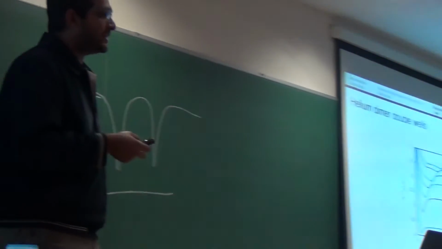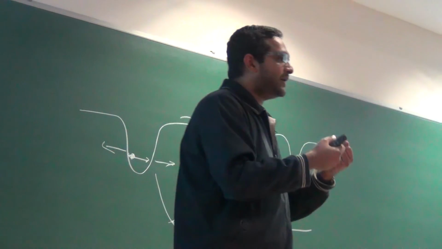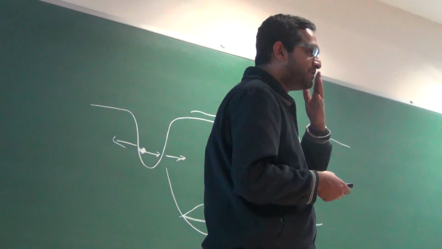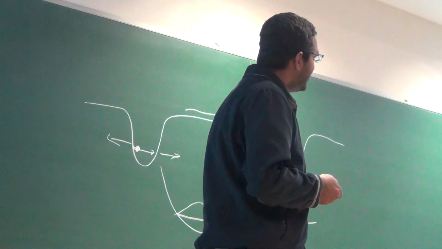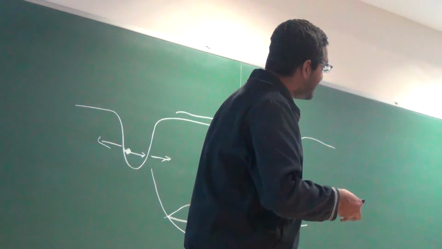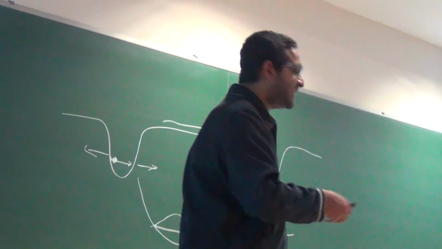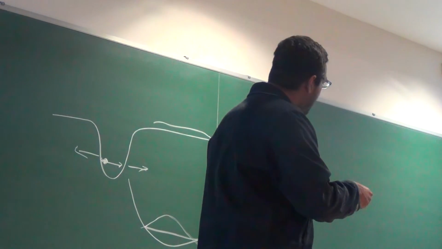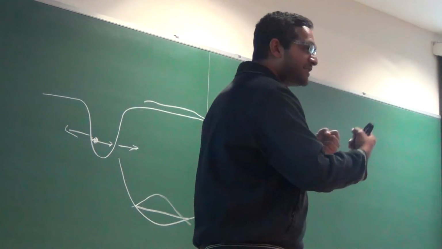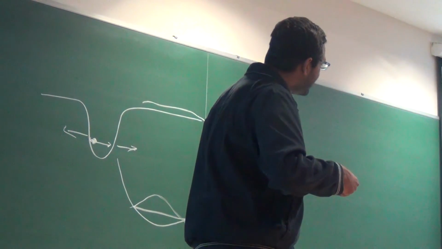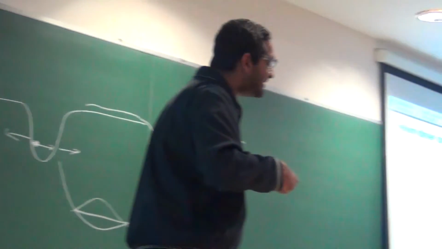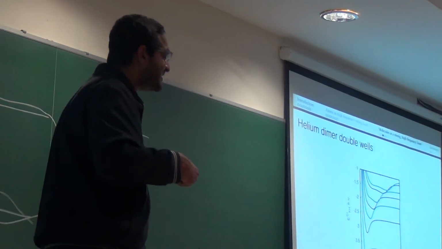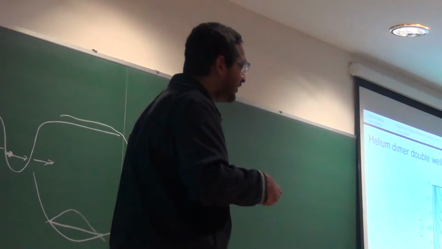So the next thing we did, so you have things like bonding, alignment, everything comes out of this particular picture. Now the next thing we decided was to change the quiver distance for the same helium dimer. So what is plotted here is the distance between the two helium atoms, and then I keep changing alpha 0. And all of these are ground states for a particular value of alpha 0.